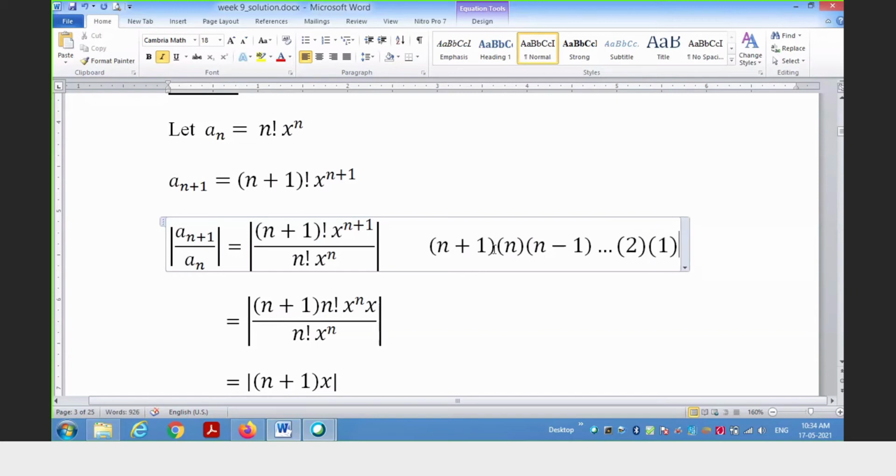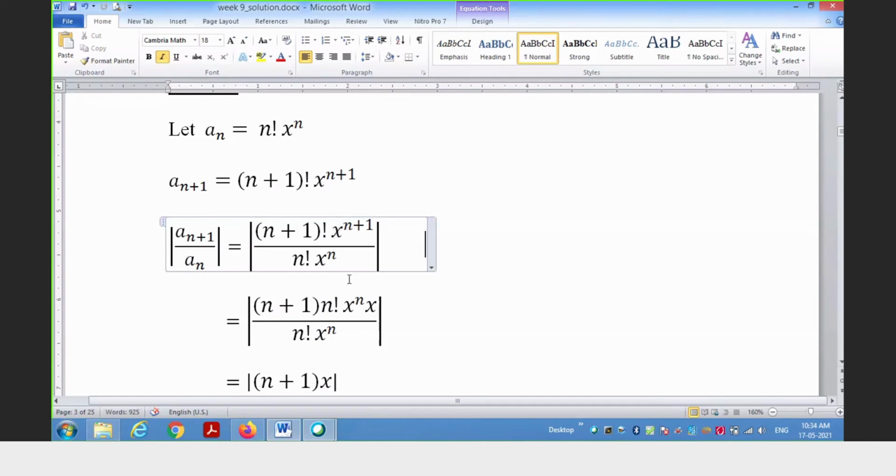But n times n minus 1 up to times 2 times 1 is equal to n factorial. That's why you can replace (n+1) factorial with (n+1) times n factorial.